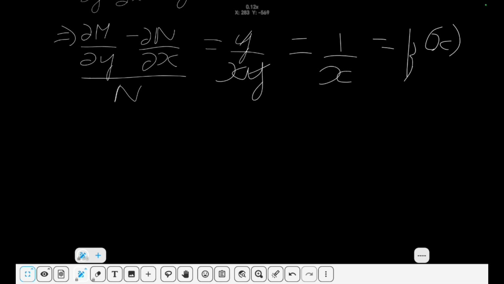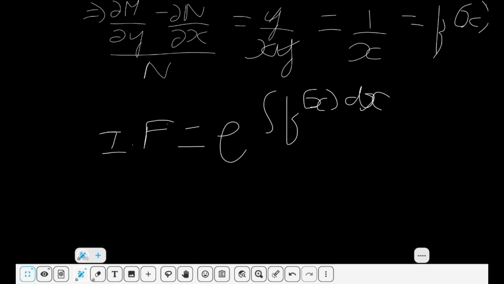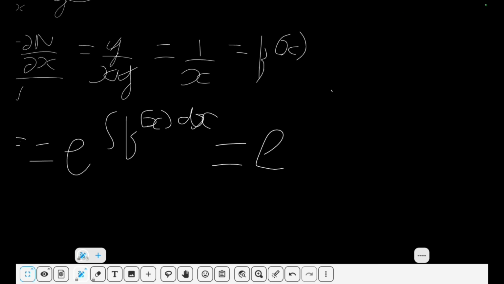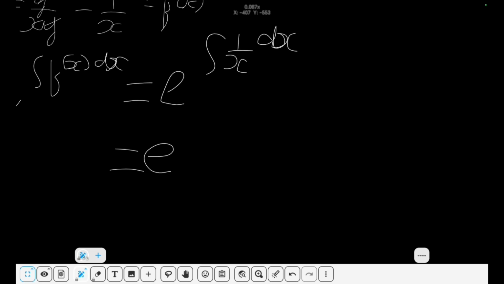So my integrating factor IF would be e to the integration of f of x dx, so that would give me e to the integration of 1 by x dx, so that gives e to the log x, e power log x, that is x.